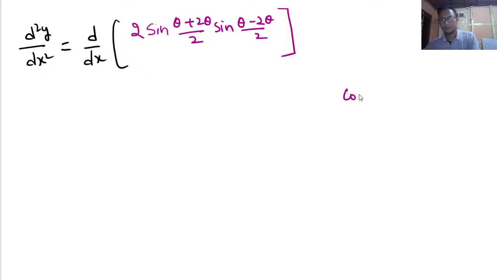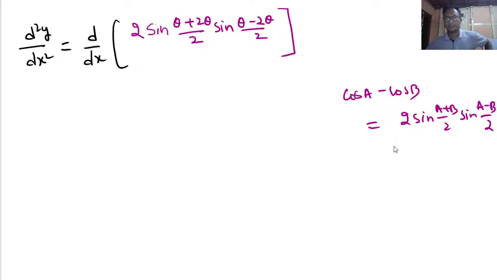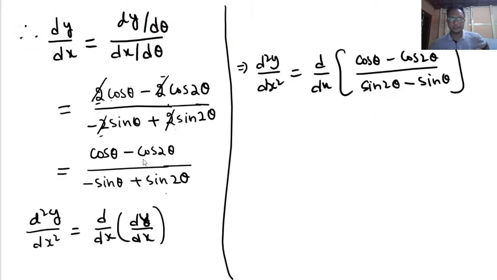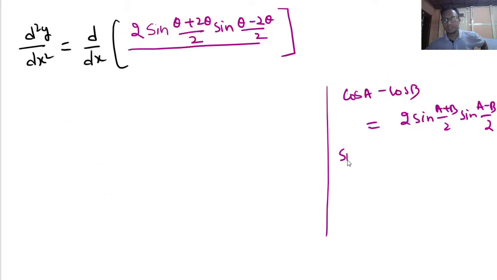Similarly, in the denominator we have sin 2 theta minus sin theta, so remember the formula for sin a minus sin b.